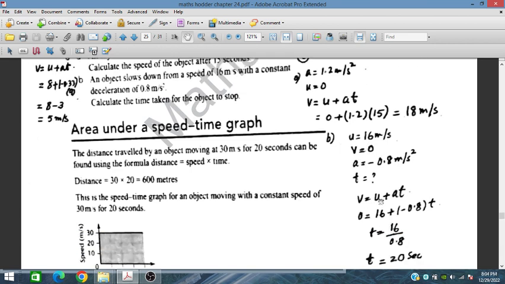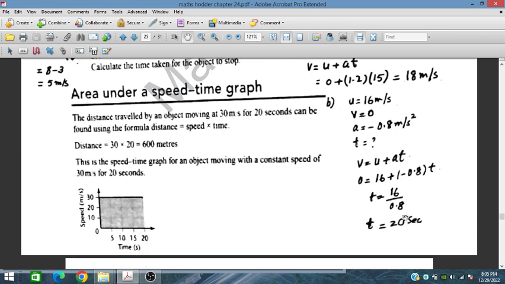So v is equal to u plus at. This is 16 meters per second, with constant uniform deceleration of 0.8 meters per second squared, and then we have to find the time. So t is equal to 20 seconds. After 20 seconds, it will stop.